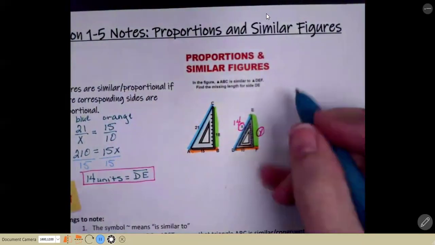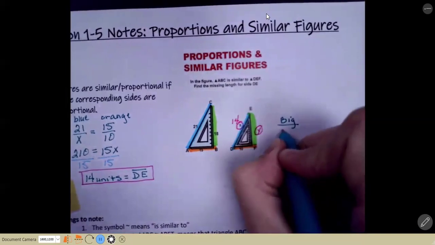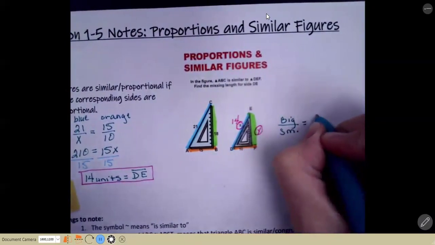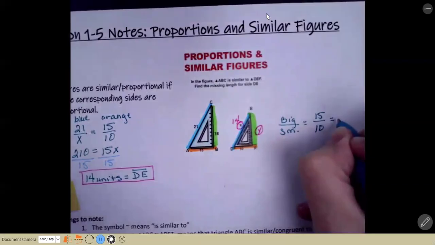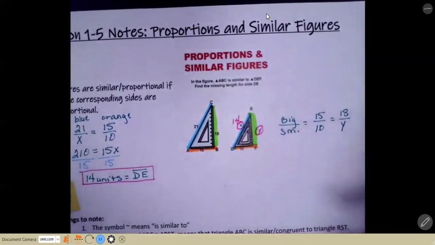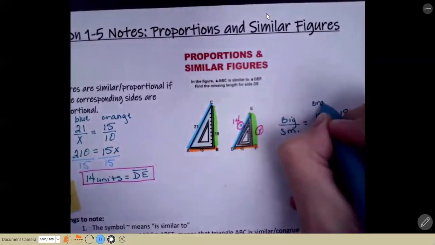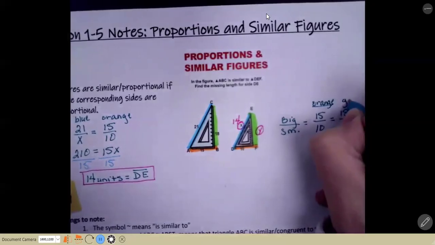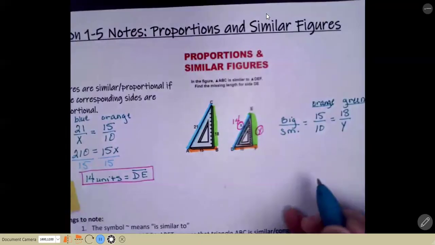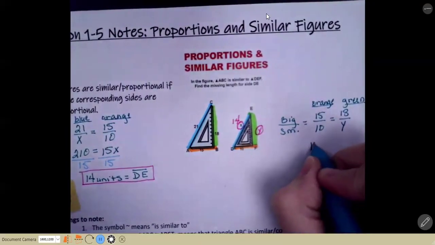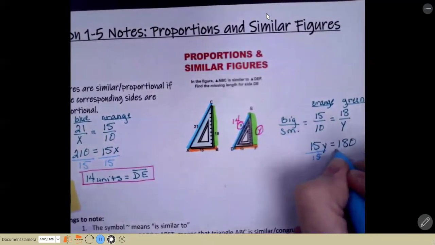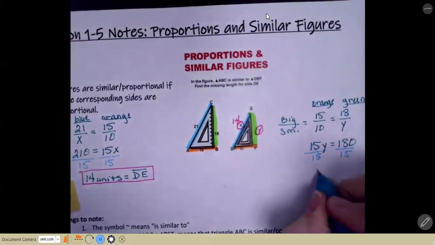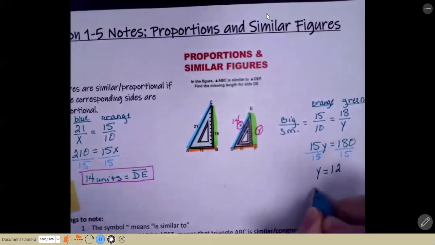Okay. So I'm going to solve mine over here. When you're done, you can look up here to make sure you got the right answer.